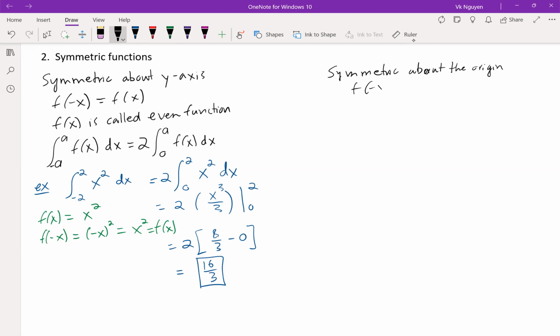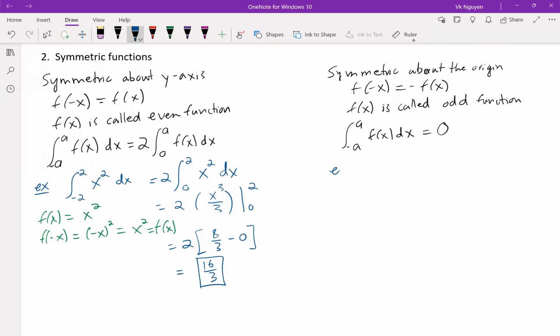In this case, f of negative x is negative f of x, and f of x is called an odd function. The integral from negative a to a of f of x dx is 0 because one side of the area is negative, the other side is positive. They cancel each other out.